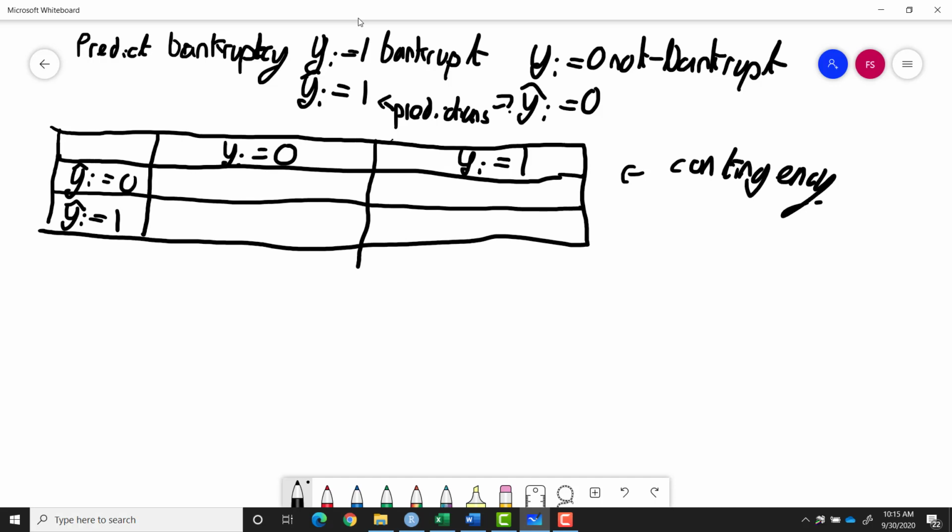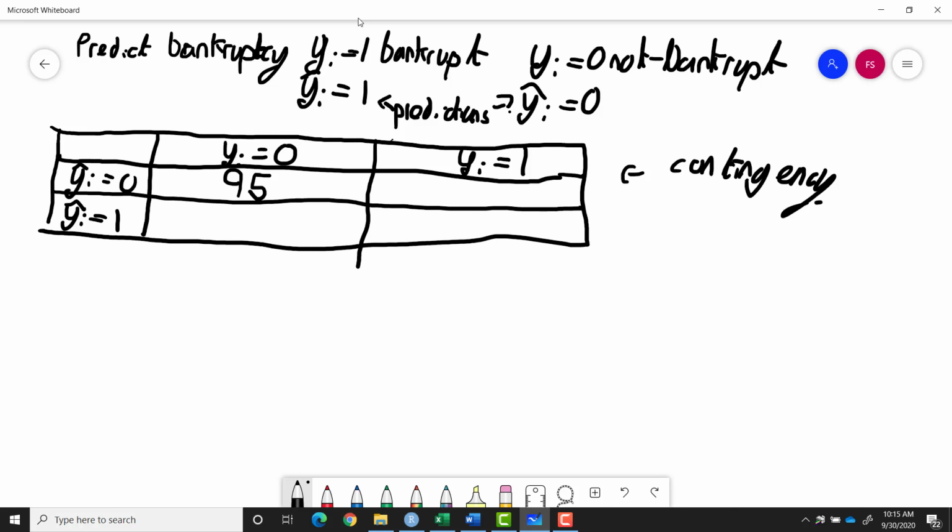Let's say we do the bankruptcy, and most are not bankrupt. So we have y_i equals 0, the non-bankrupt ones, and we have 95.